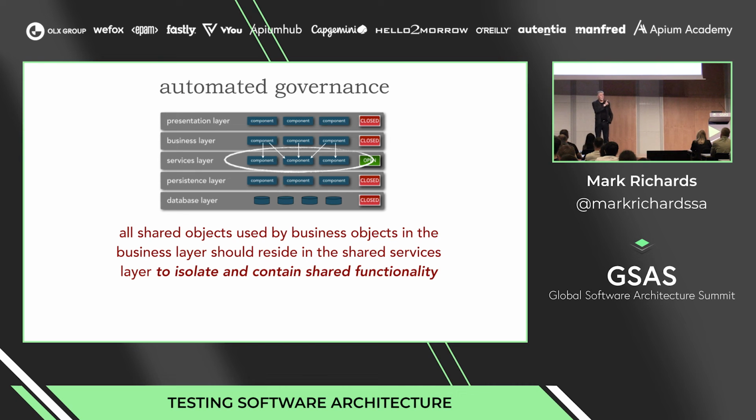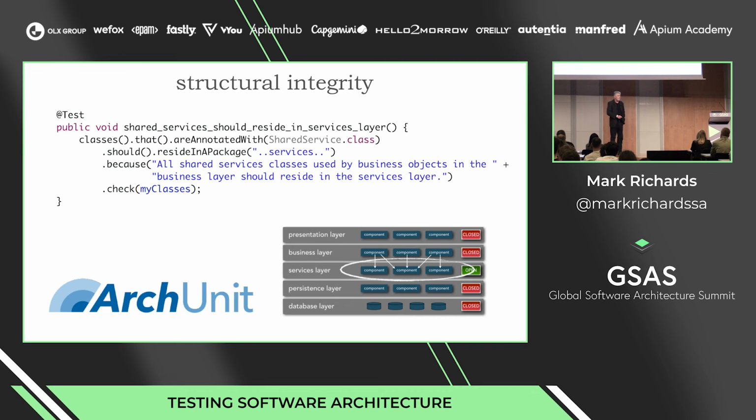Really? I show this one because, like the operational characteristics, sometimes when we devise these tests, there's additional work for the development team. And here it is. For example, in something like ArchUnit, it would look like this. Classes that are annotated with shared service.class, therefore there's a custom attribute or custom annotation, should reside in a package services. That defines that layer.